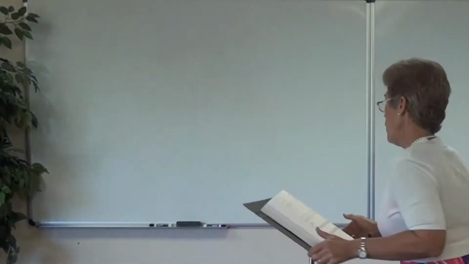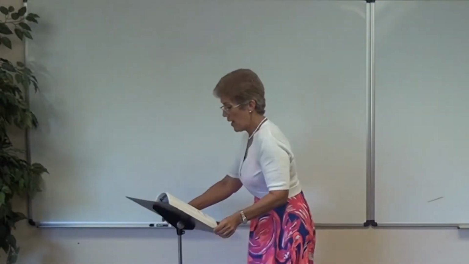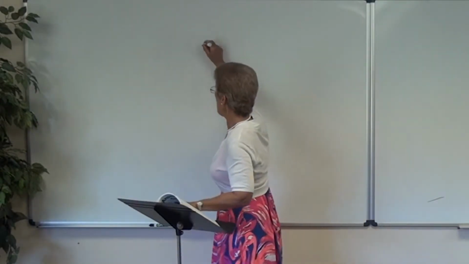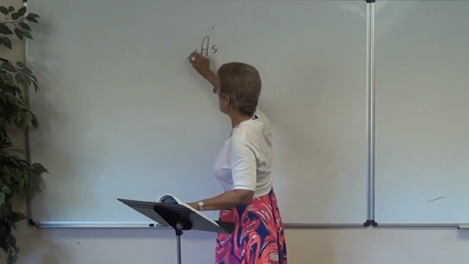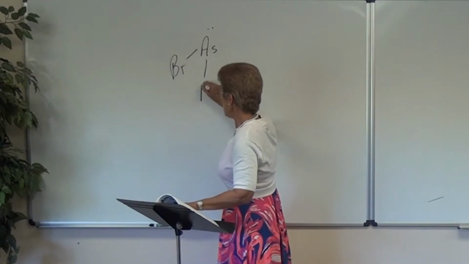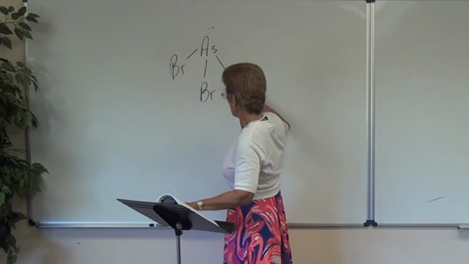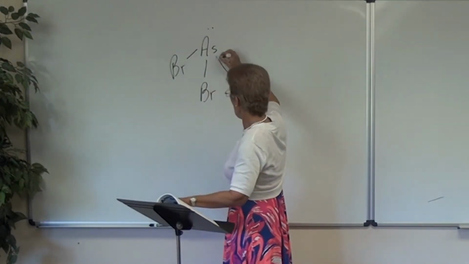Number 8, for the molecule AsBr3, determine its Lewis structure, its shape, and whether or not the molecule is polar. And so for number 8, you would have had this with 3 of these. And we're supposed to be drawing the Lewis.